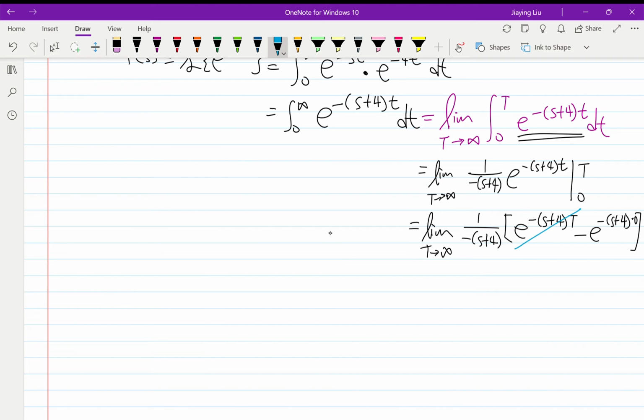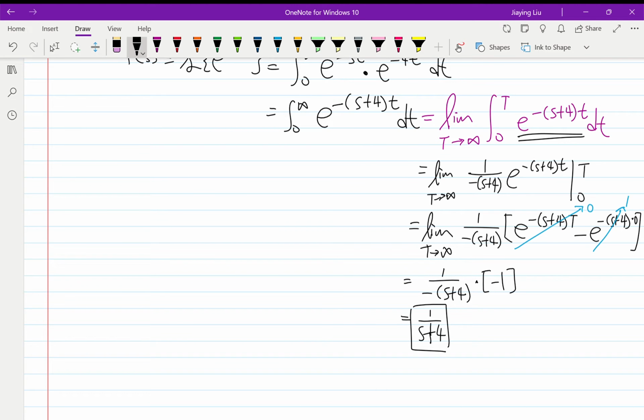So this part is going to approach 0. This part is going to be 1, with a negative between. So we just end up with 1 over negative (s plus 4) times negative 1. We get 1 over s plus 4.